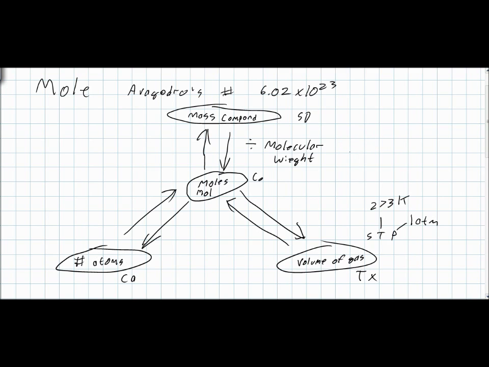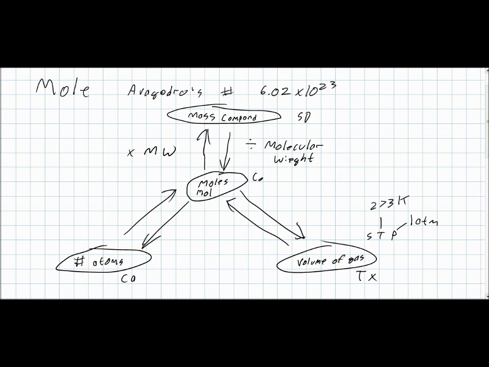I never did. But in order to go back from moles to mass of compound, you would multiply, because you're in terms of moles, and then if you multiply by grams per mole, then moles cancels out and grams stays. So you would multiply by the molecular weight. I'm just going to shorten it to MW for you. So you get to moles.